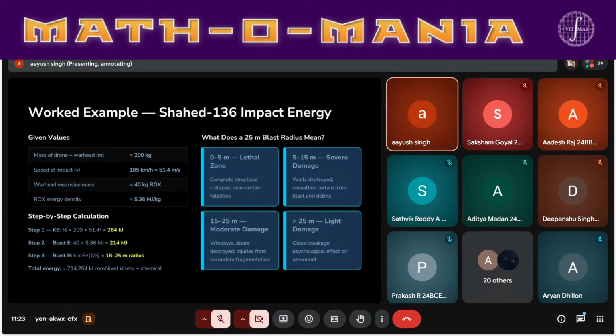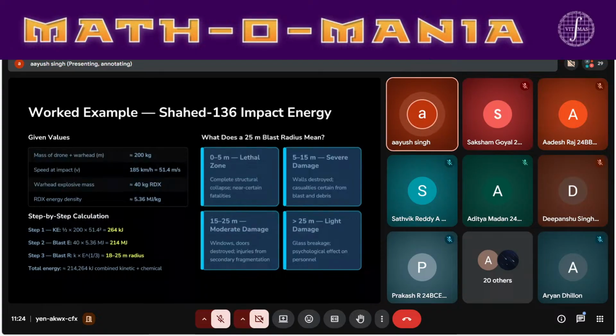To understand this value, it is around 1,000 times more than the kinetic energy. Through the blast energy, we calculate the blast radius, which we get as between 18 to 25 meters of blast radius. We get the total energy as 2,14,264 kilojoules when we combine kinetic energy and blast energy, also known as chemical energy.